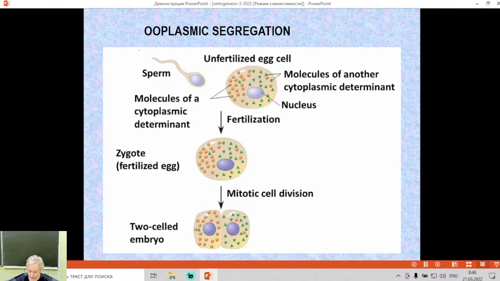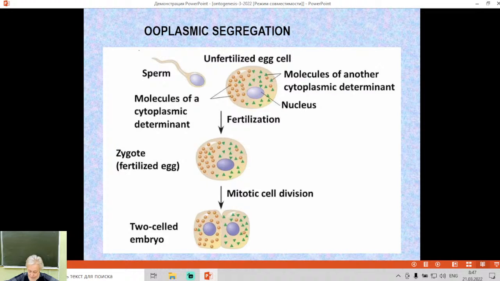As a result, some genes will be active in one cell, not in this cell, and other genes in another cell. So one cell will turn into a nerve cell and the other into a muscle cell.